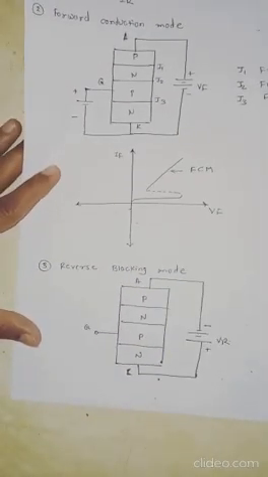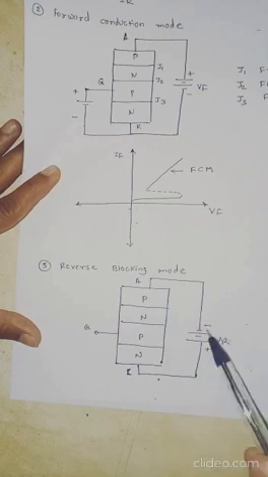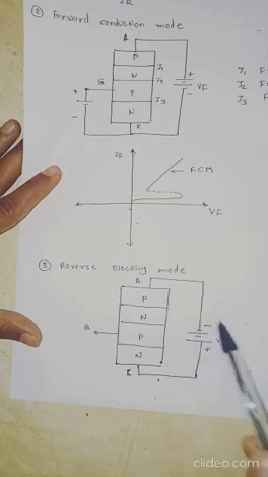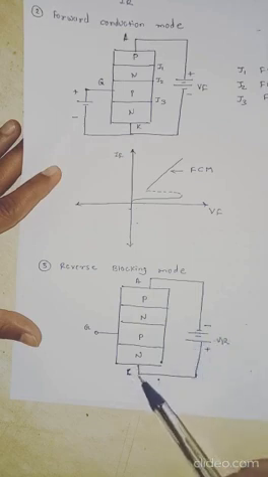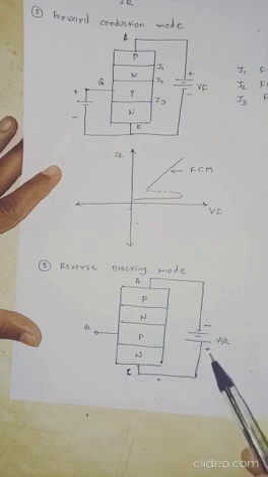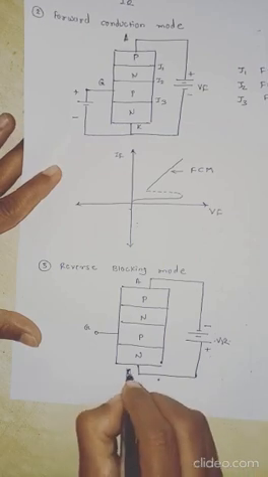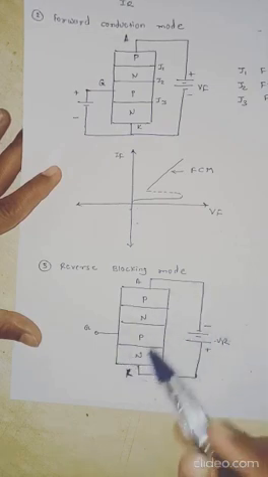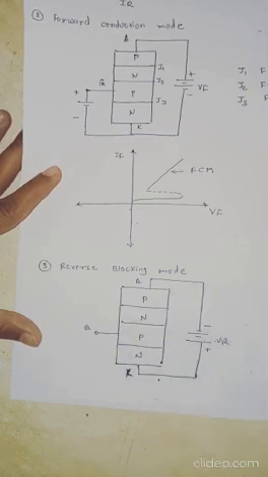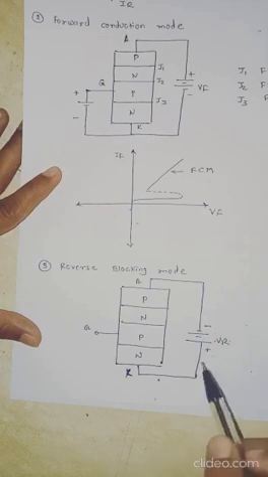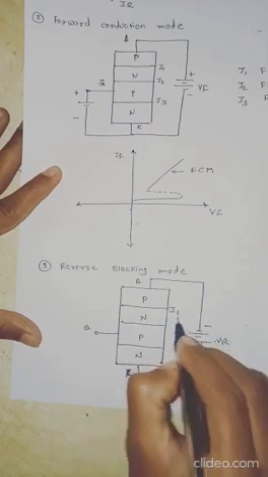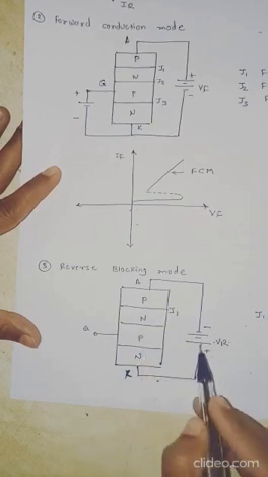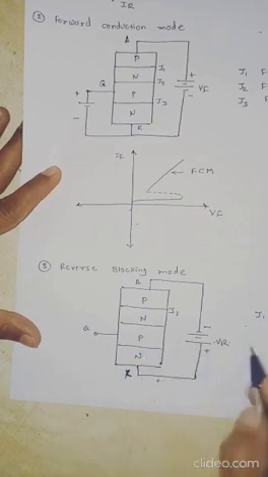So in reverse blocking mode, the anode is connected to the negative terminal of the voltage source and cathode is connected to the positive terminal of the voltage source. So this will make the SCR in reverse bias condition. Under this condition, junction J1 will be in reverse bias. That is, P region is connected to negative and N region is connected to positive.